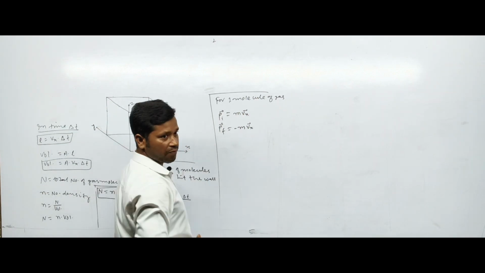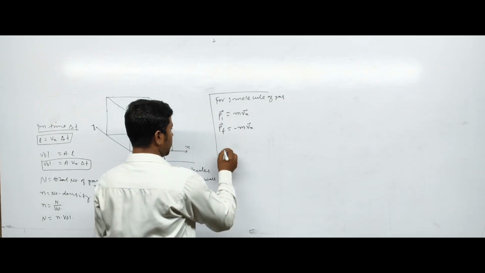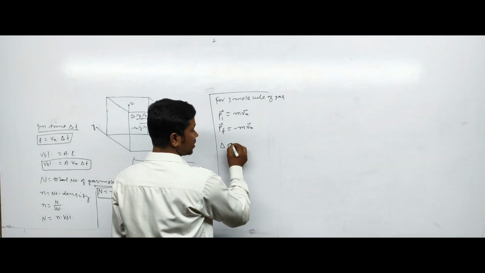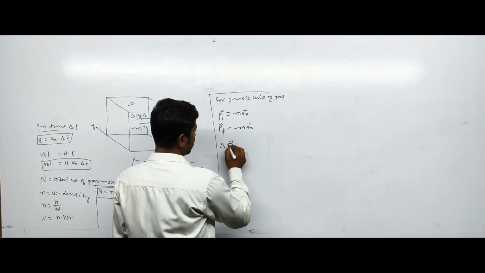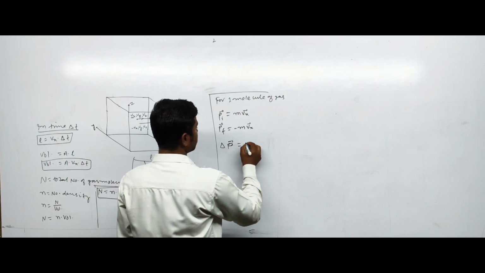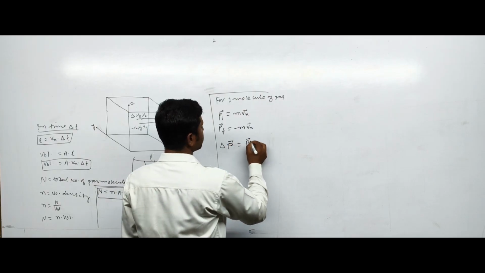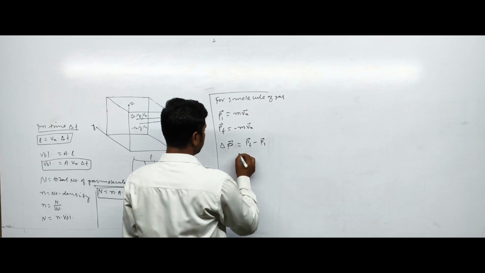So we have the initial momentum and the final momentum. Now we can calculate the change in linear momentum, that is final momentum minus initial momentum.